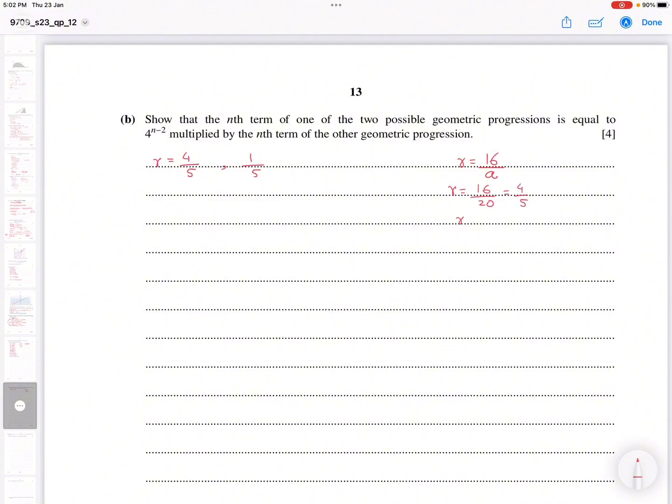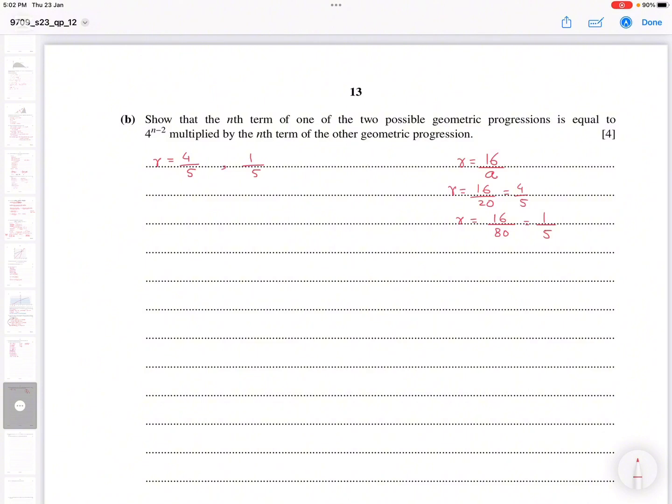And my second value for A was 80, so 16 by 80 gives me 1 by 5. That's how we got the value of r.